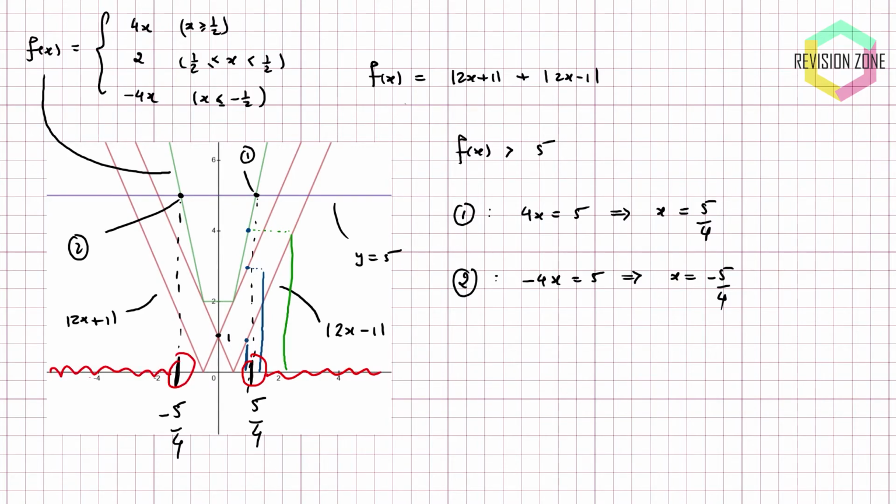And of course, these points are not included in themselves because the inequality is strict. So let's just write down our solution: x is either less than minus 5 over 4, or x is bigger than 5 over 4.